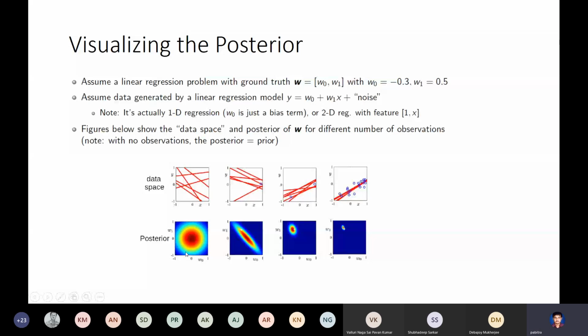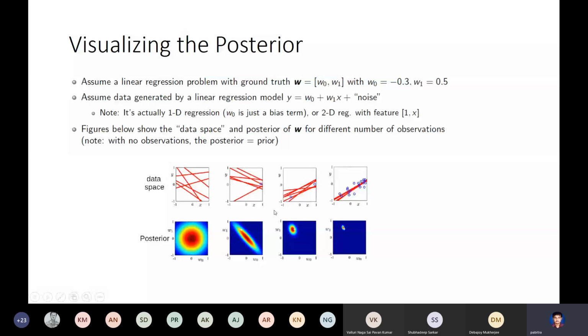It means that at the center, these values of W0 W1 are more likely, and the lighter color means they are less likely. As if this distribution could also be plotted in the data space by saying that some lines are more common than other lines.